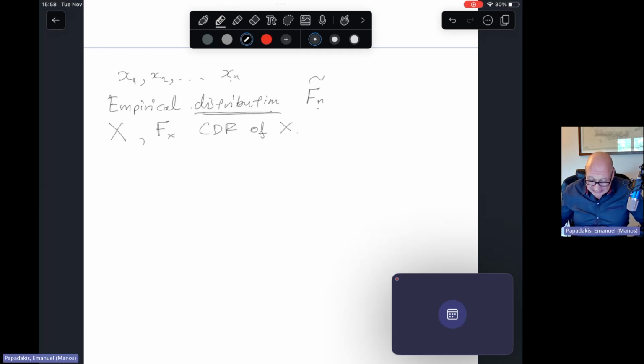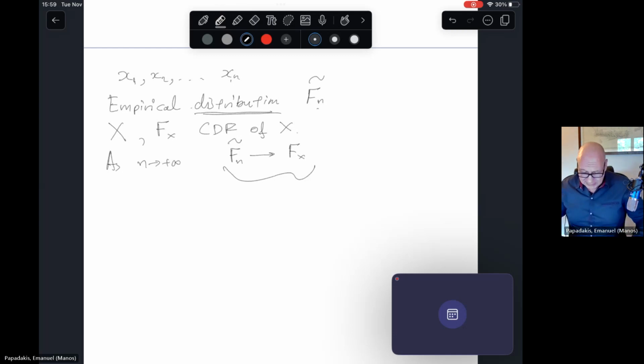There is a theorem that tells me that as n tends to plus infinity, the empirical distribution tends to this, approximately. In some sense, I'm not going to tell you the exact sense right now because that's really deep math. But in practice, this is expressed by the step-style graph.